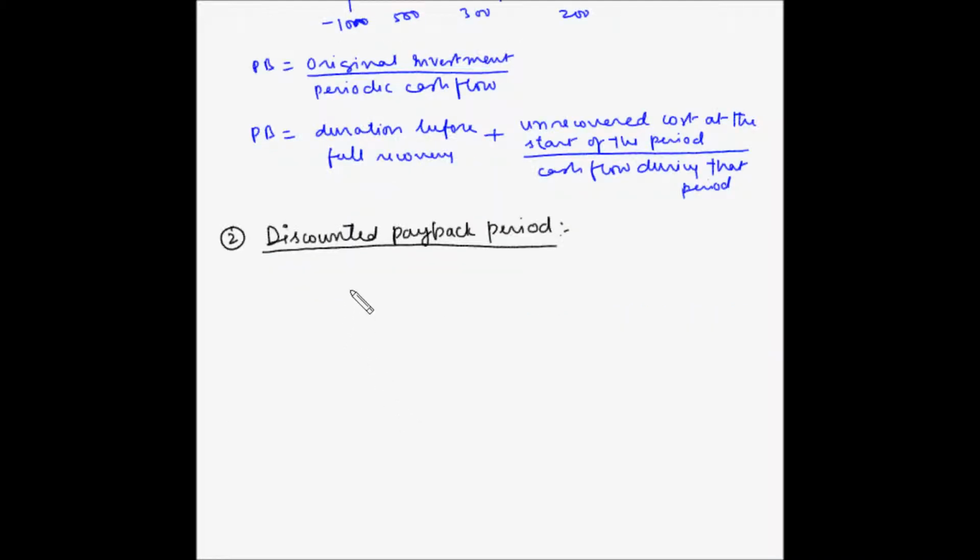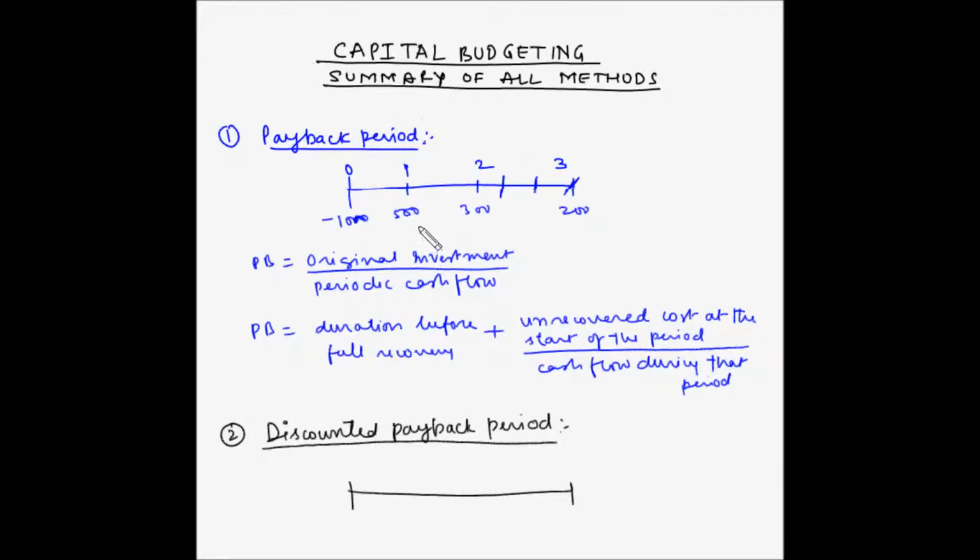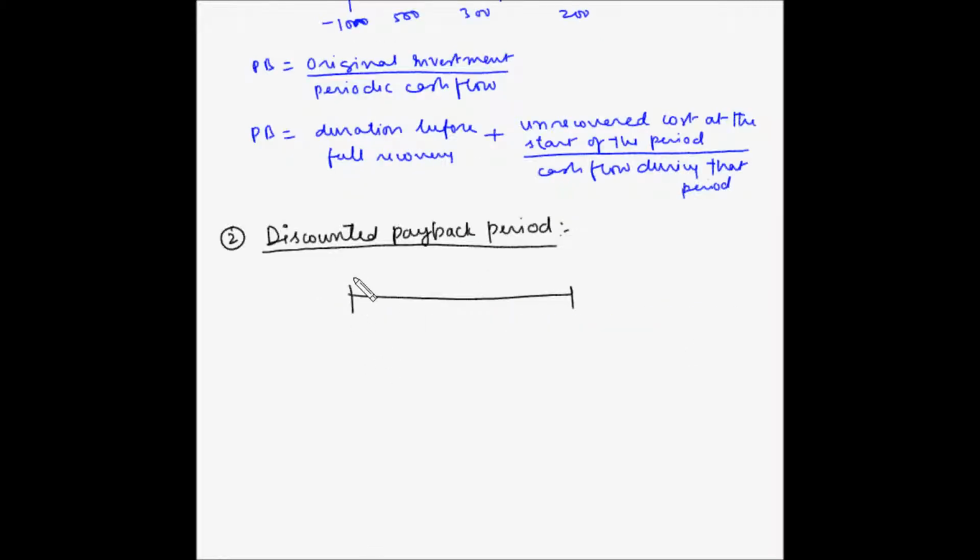So basically, if you take the same cash flow or the same project as above, 0, 1, 2, 3: minus 1000, 500, 300, 200. In the discounted payback period method, we'll first find the discounted cash flow.